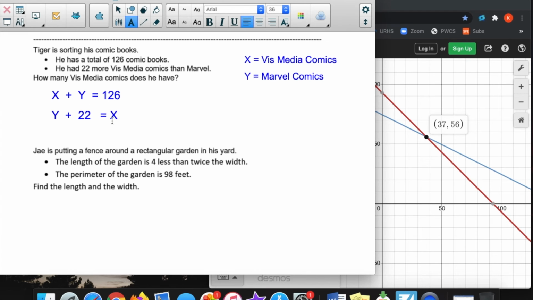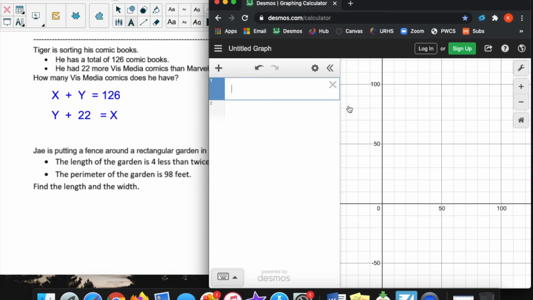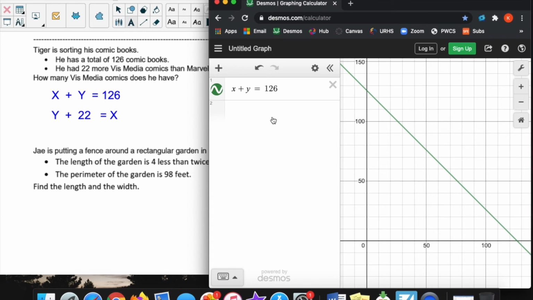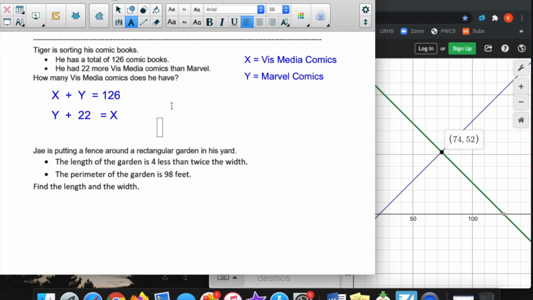So the hard part is done. I set up my two equations, and then I would graph these. If I graph x plus y equals 126, there's my first line. And my second statement, y plus 22 equals x, gives the second line. That intersection point is the key spot that shows me my solution: 74, comma 52.